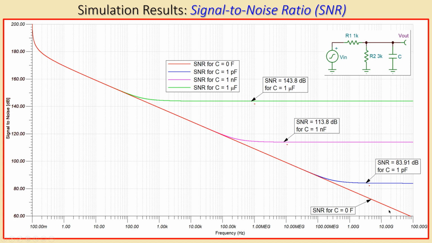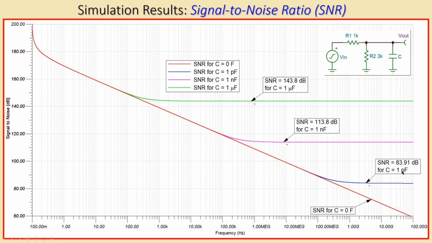We have seen this also in the noise plot for the output total RMS value. Seeing that the total RMS value for the capacitor of 0 farads will increase, your SNR will of course also decrease. So that is a very logical consequence.